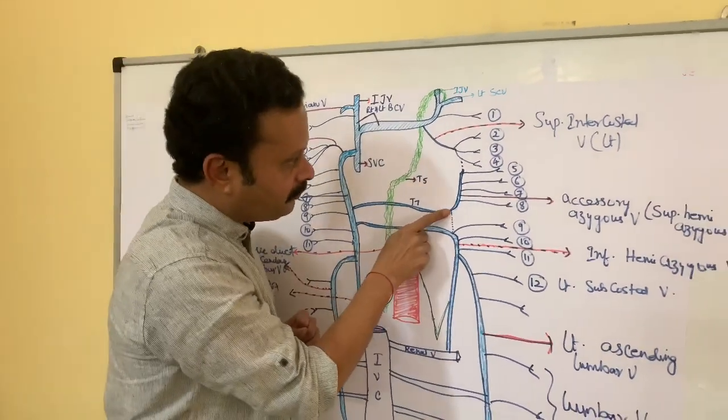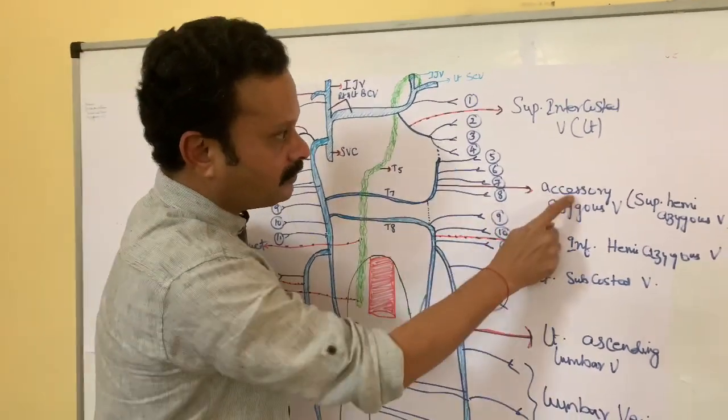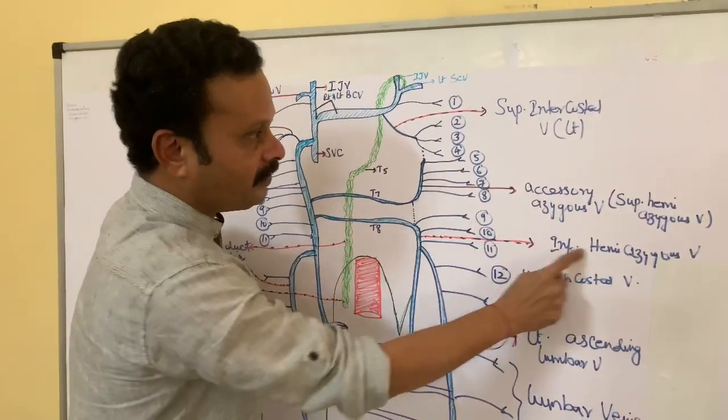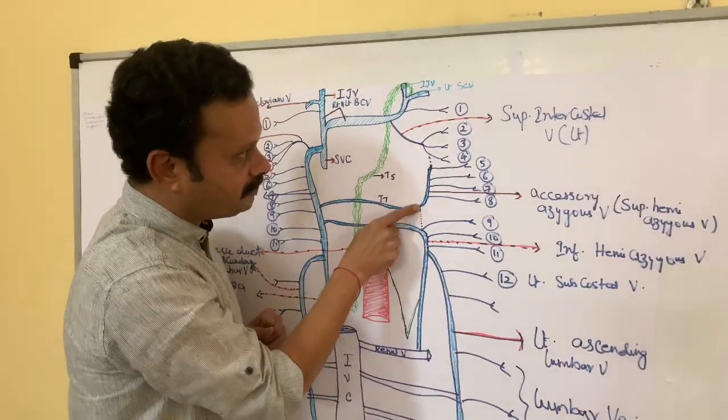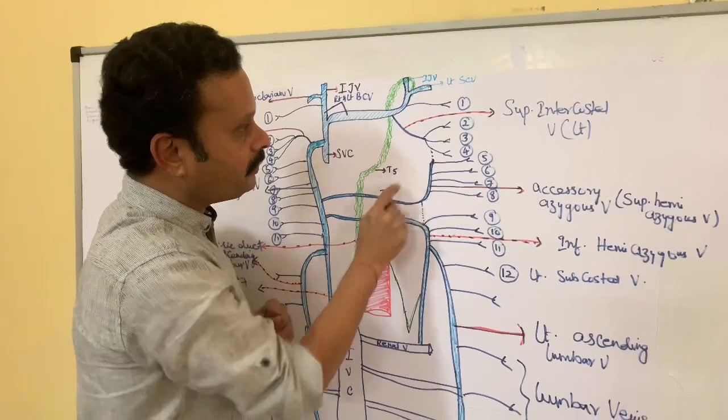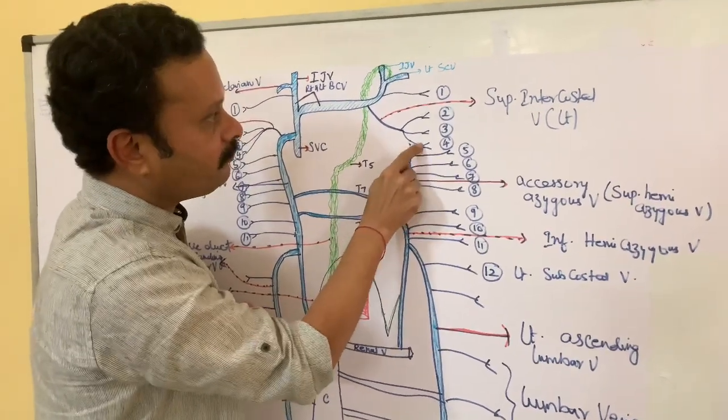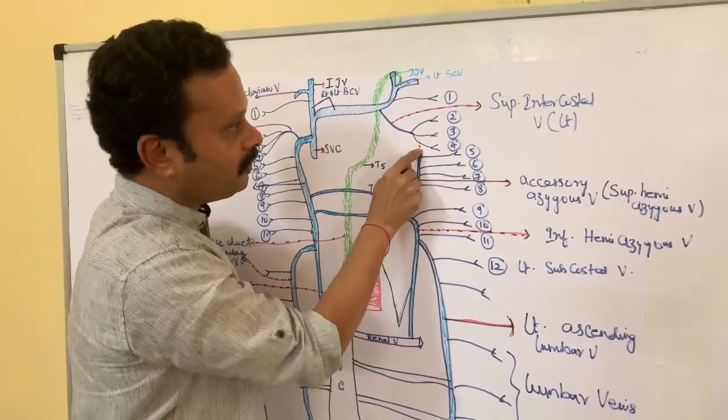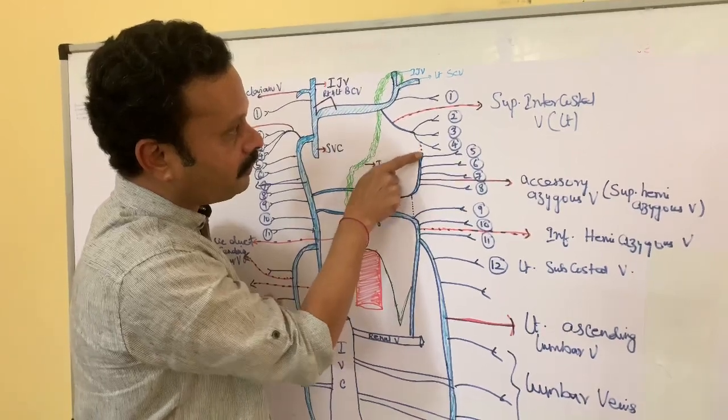Sometimes we can see a communication between the accessory azygous vein and inferior hemiazygous vein, and even between the accessory azygous vein and the left fourth posterior intercostal vein.